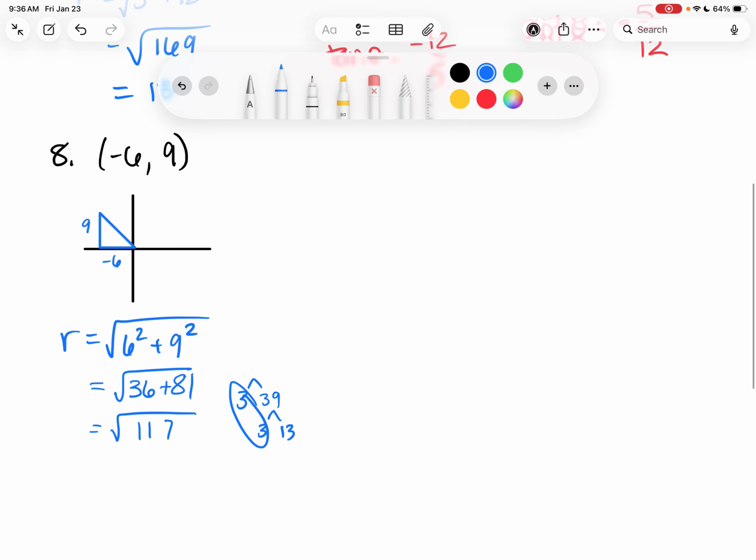So this is going to be 3 root 13. So remember, if we end up with a radical in the denominator, we're going to need to rationalize it. Based on what all these numbers are, I think I'm going to be doing a lot of reducing in these ones. So set up my 6 trig functions.